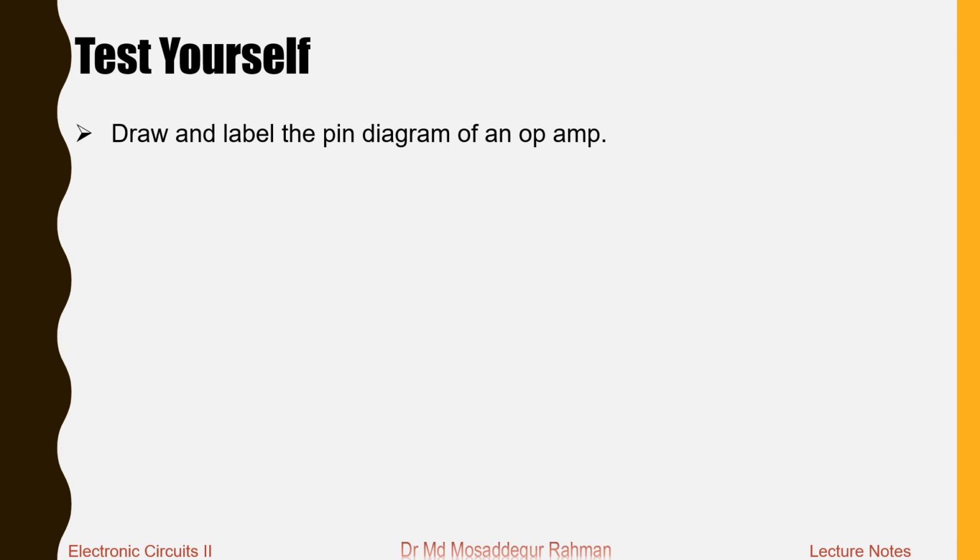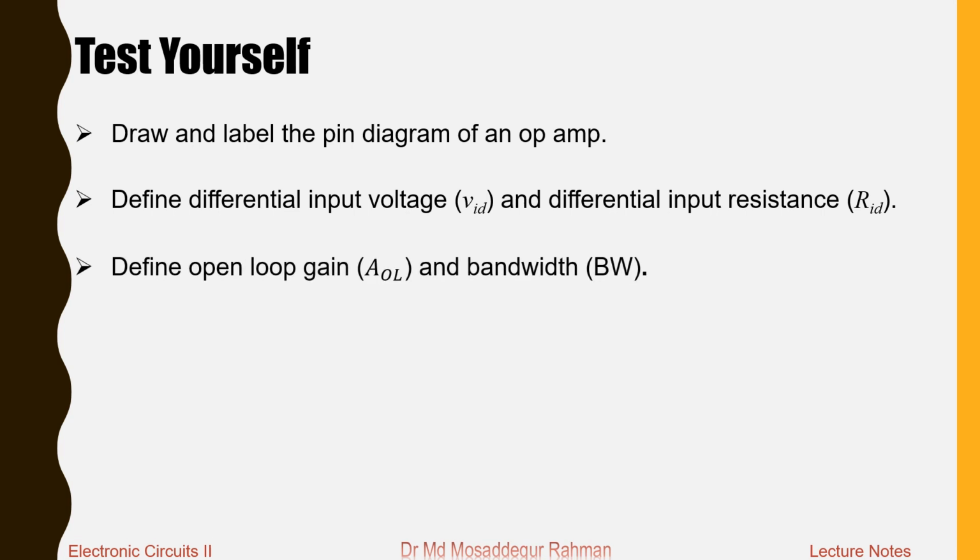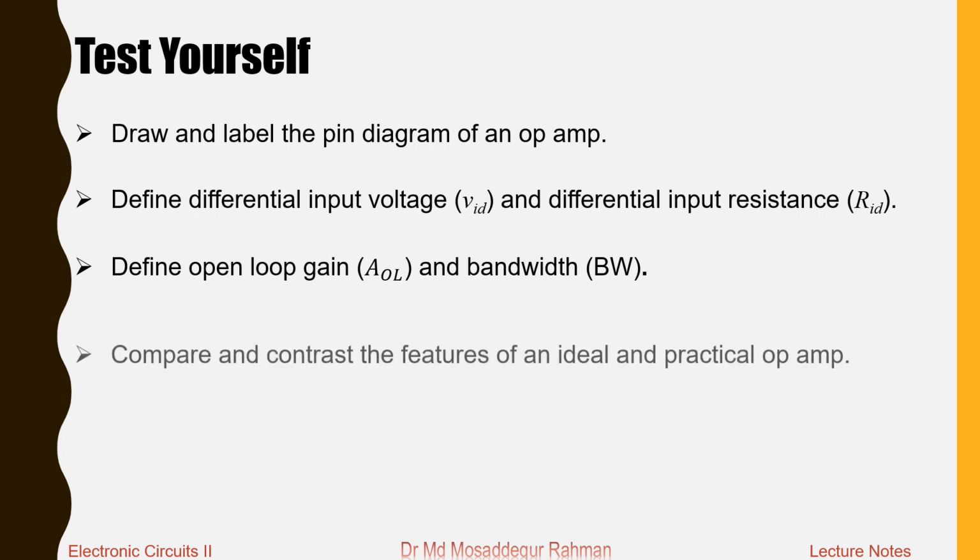That's important, because if you go for practical application, you need to know which pin is what, right? And we introduced some new terminologies for the op-amp: the differential input voltage, differential input resistance, the open loop gain, the bandwidth. These are very important parameters that we'll always need when we analyze or design op-amp circuits.